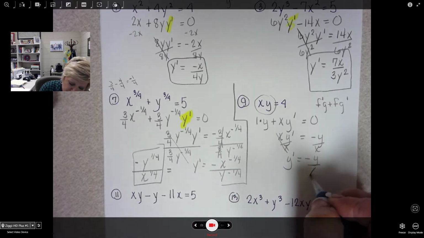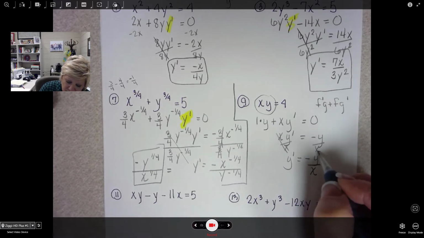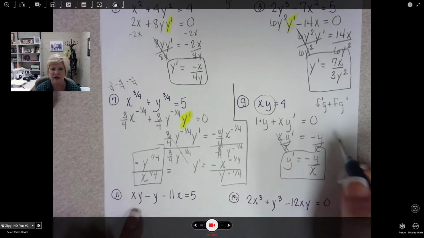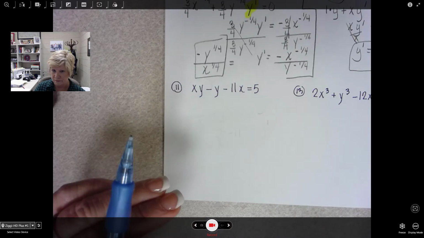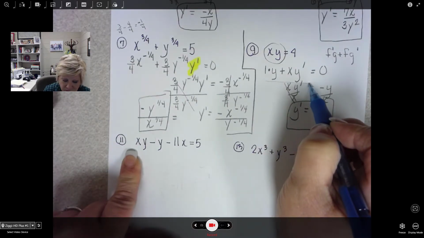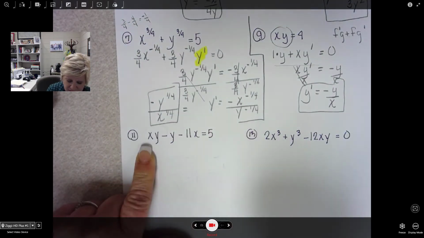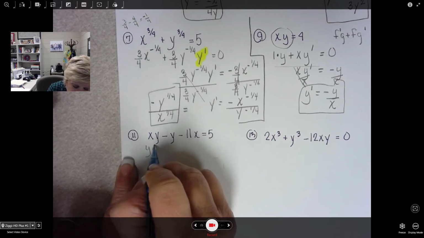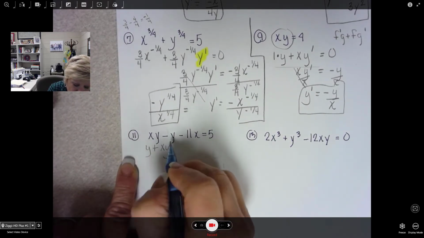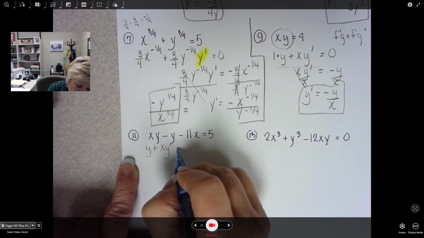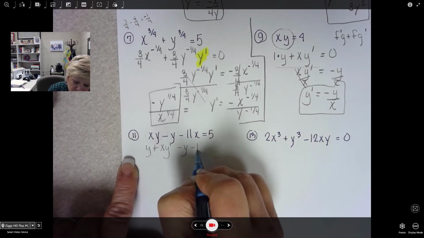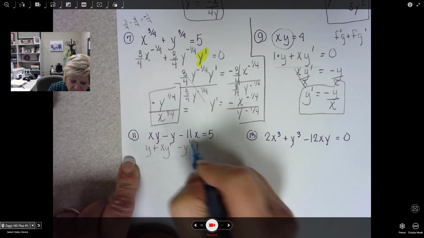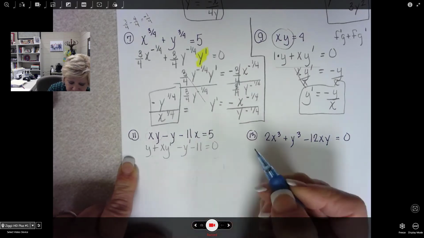Now that we know that, we can use it over here. We know that the derivative of this would be y plus x y prime, that's all of this, minus y prime minus 11 equals 0.